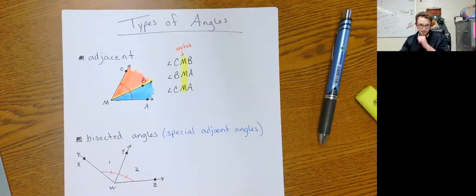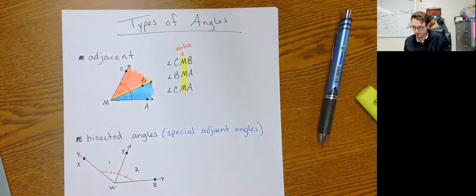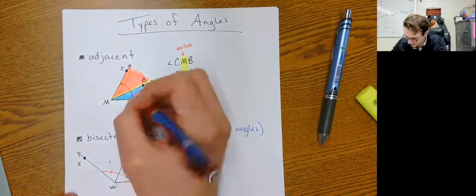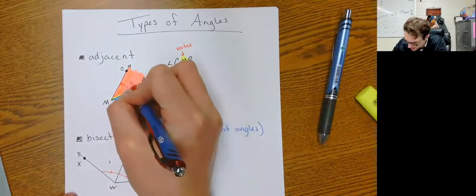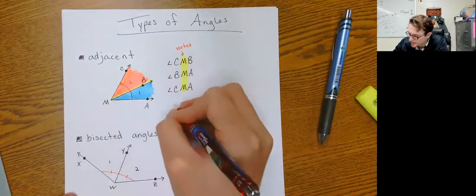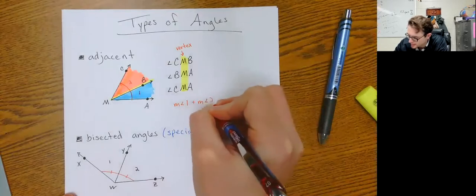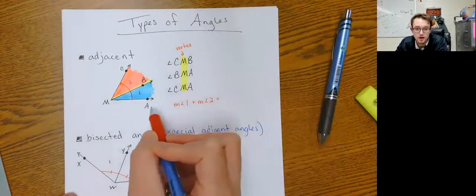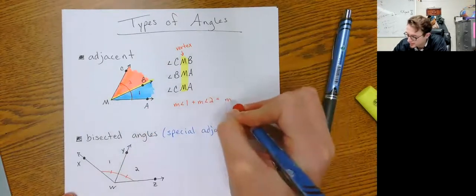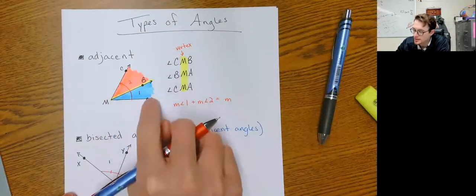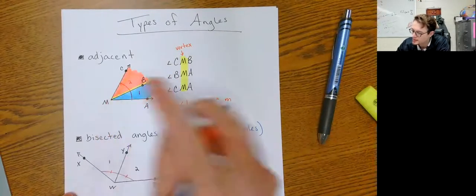All right. So if I was to do the angle addition postulate on this problem, and let's say that this is angle 1 and this is angle 2, I would say that the measure of angle 1 plus the measure of angle 2 equals the measure of the whole angle, which would be AMC.